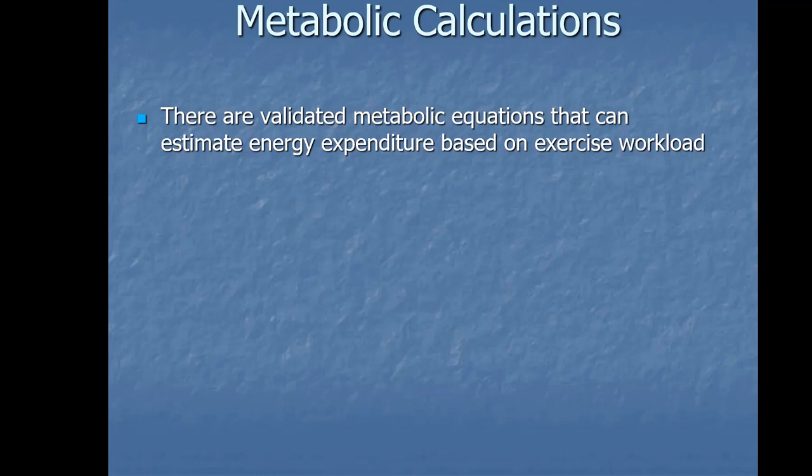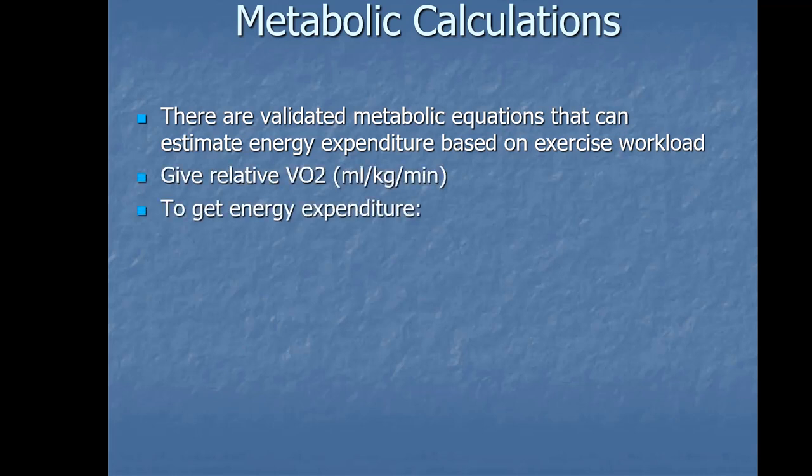Also, if you're on a bike exercising, the power output or the work rate that you're producing on a bike. You can use that to estimate how much energy you're actually expending. And really what we're going to do is estimate VO2 first, and then as we've seen, we can convert that VO2 to kcals per minute.